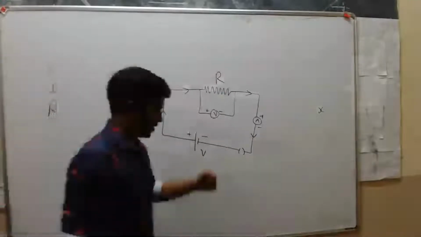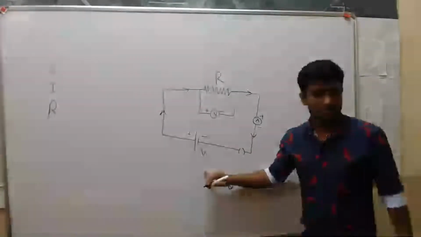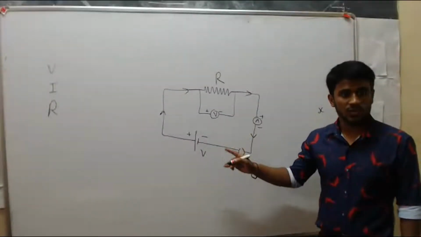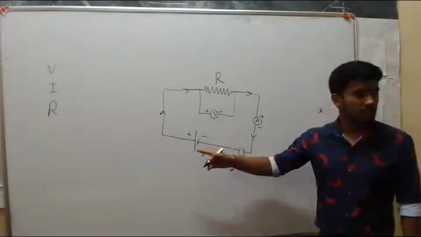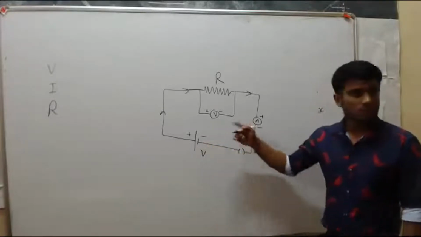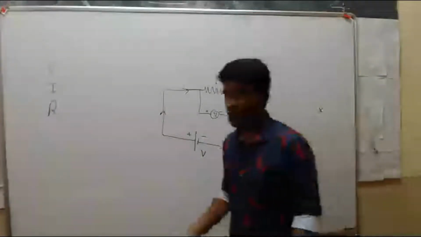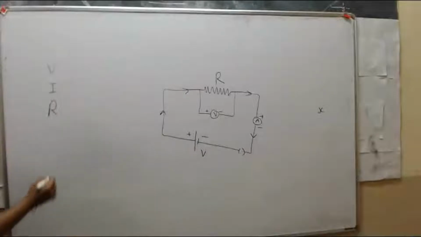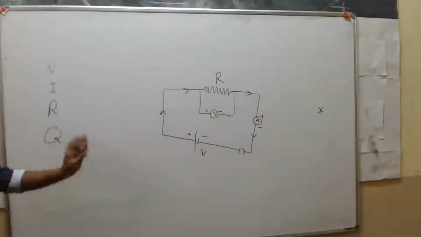Clear? When you connect the battery here, it sends voltage, which means electrons will move from the negative side to the positive side when you turn on that key. I don't know whether I am sending one electron, 2 electrons or 3 electrons. For that I use Q. Q means the number of electrons.